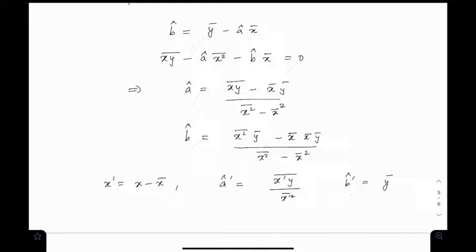And now the equation of the straight line becomes this, and this also gives us an additional advantage that the errors of the estimated parameters are no longer correlated.